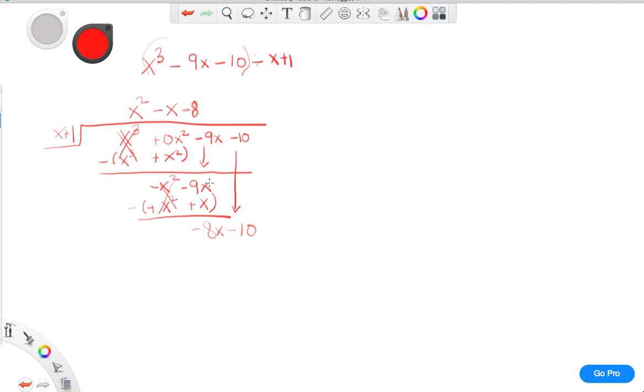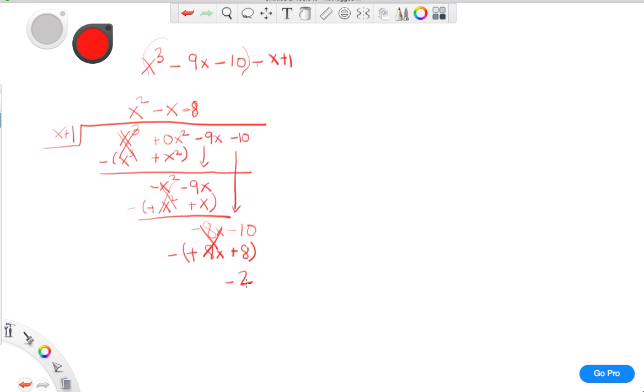Let's multiply by negative 8. So negative 8 times x will get me negative 8x. And negative 8 times 1 is negative 8. We will subtract, right? When we subtract, we're going to distribute that negative to both things. This is gone. Negative 10 plus 8 is negative 2.